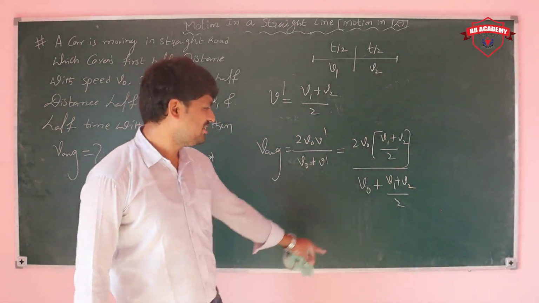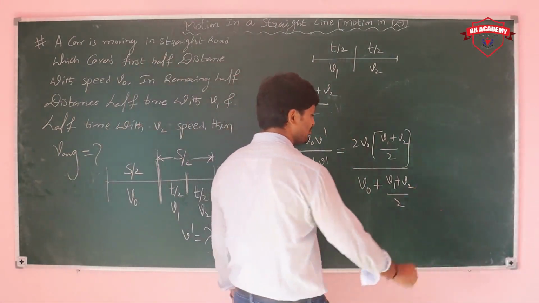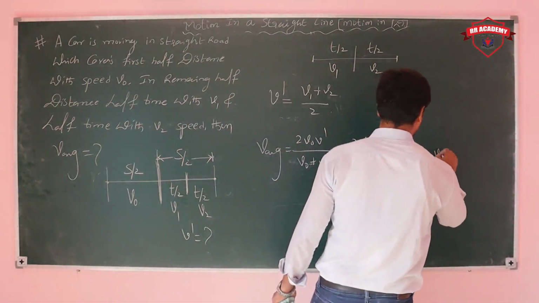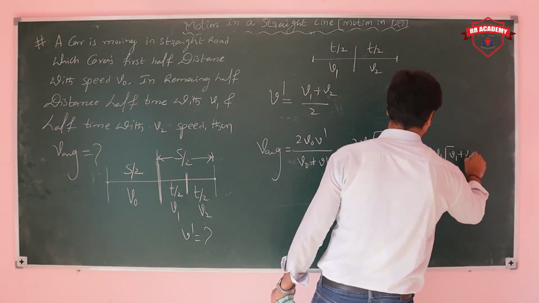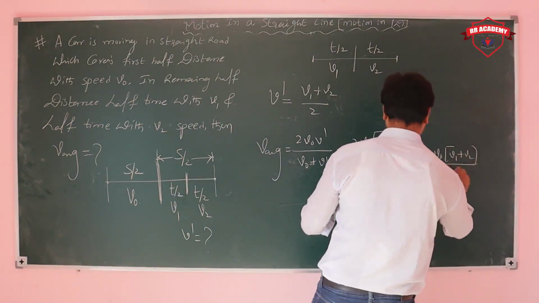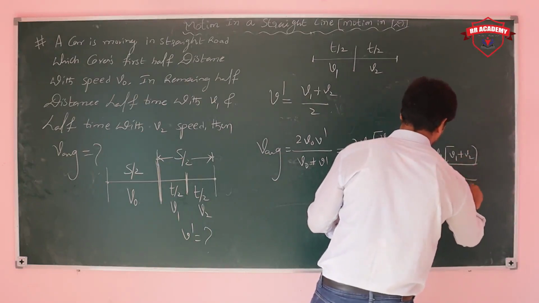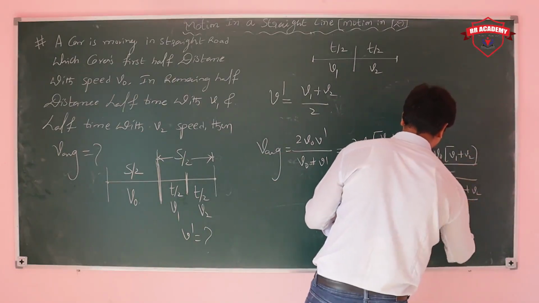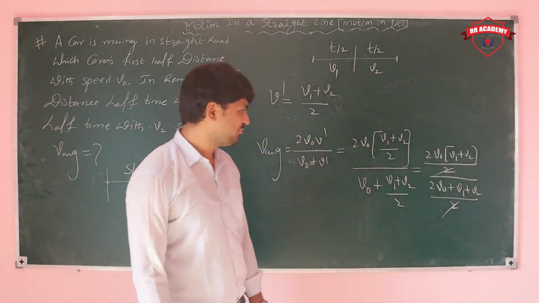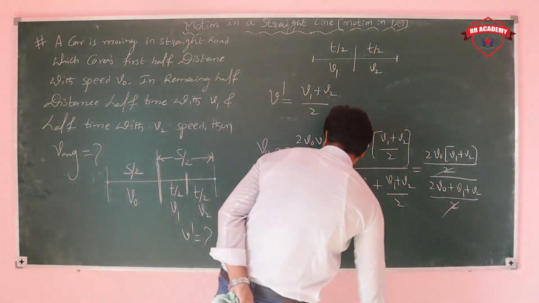Take the LCM, and we get 2v0 of (v1 plus v2 by 2) whole divided by (2v0 plus v1 plus v2 by 2). The 2 gets cancelled. Then what is the average speed finally?